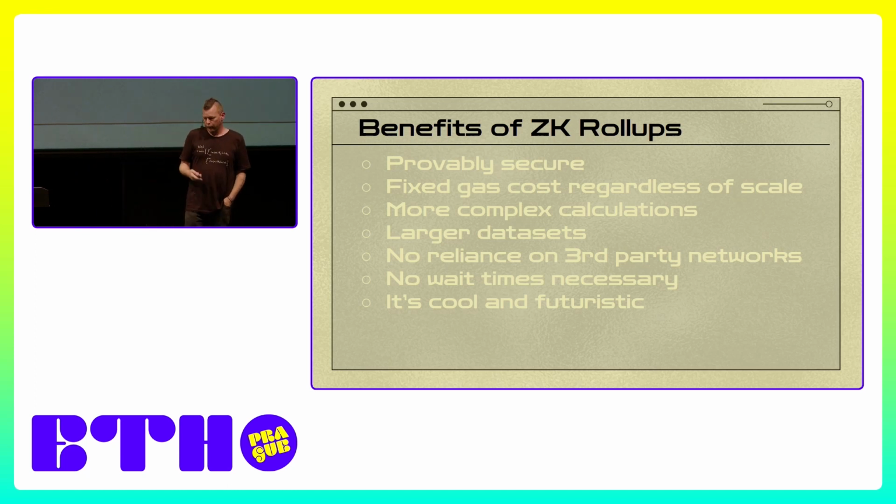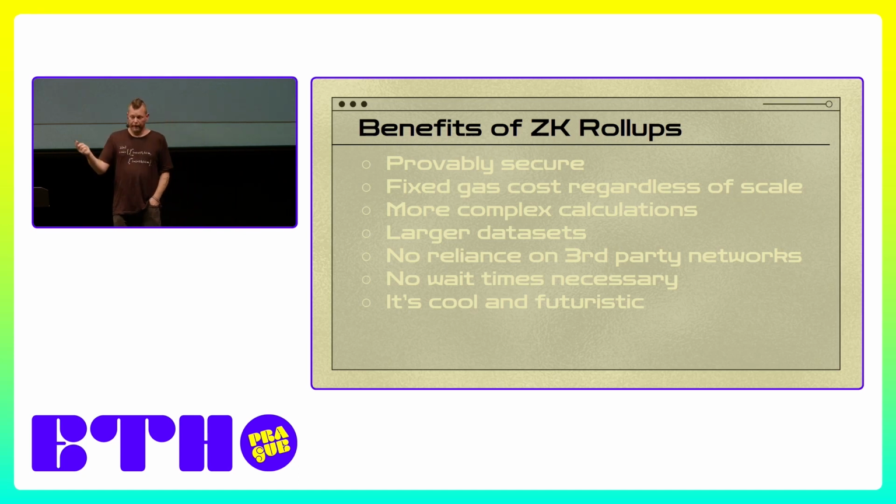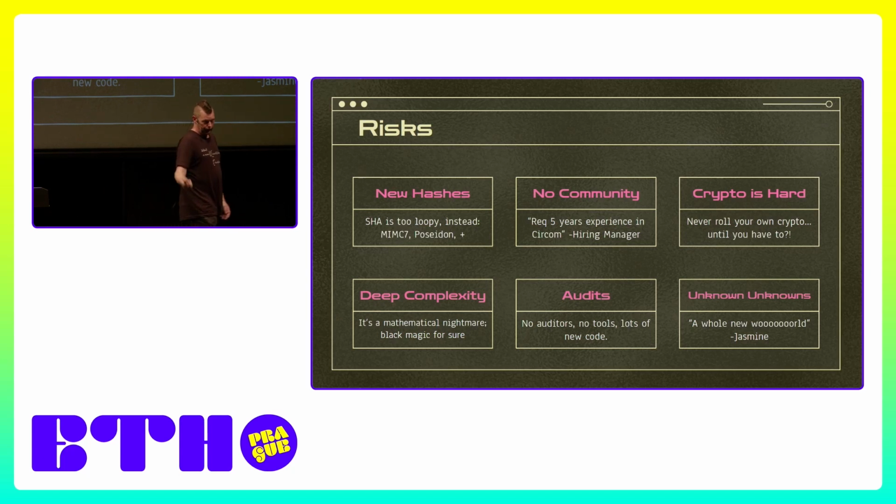We don't have to rely on third-party networks because there's actually a Snark.js in the browser. You can download Snark.js yourself. Any client can run the compute, so you don't need a full node network of nodes. There's no wait times like there is with Optimism. And my favorite part is it's cool and futuristic. Like, that's why I'm here. I think that's why a lot of people are probably here.